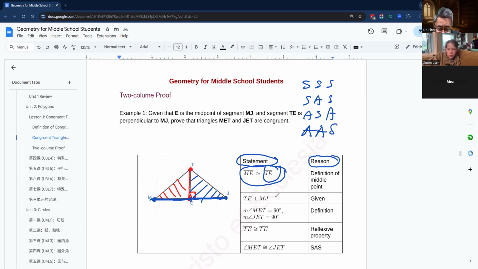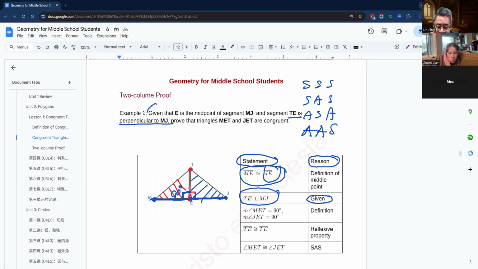And then TE is perpendicular to MJ. Well, this is given. That's our reason, because right here you can see that TE is perpendicular to MJ. And so therefore we know the angle MET, which is this angle, that angle is 90.